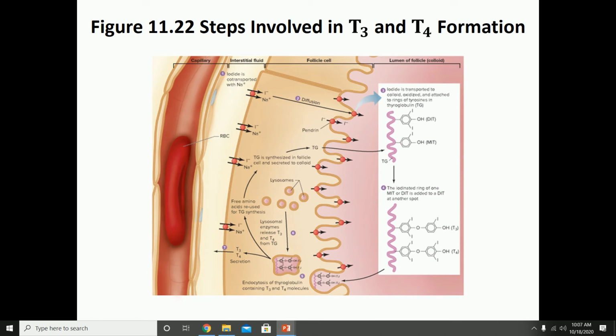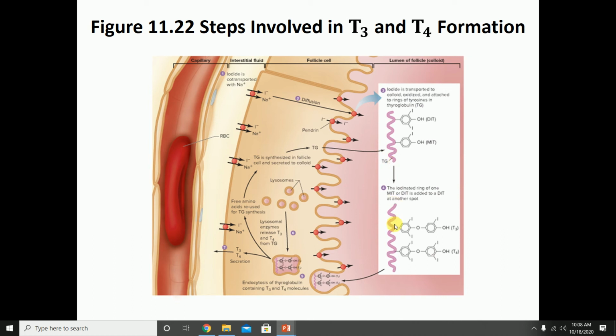And then iodide will diffuse through the follicular cell into the lumen. That iodide is going to make MIT or DIT, and through combination of those, we will end up making T4. They are stored in the colloid attached to thyroglobulin.